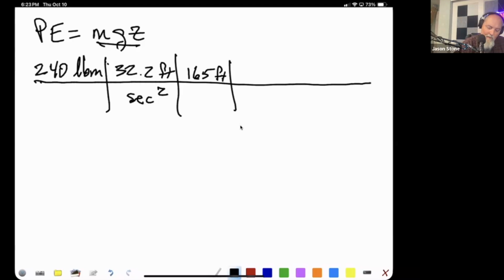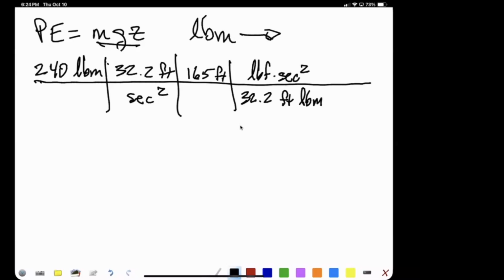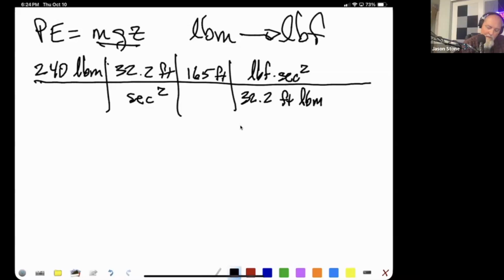So our units are 32.2 foot pounds mass per pound force seconds squared. This is the conversion factor you use when converting pounds mass to pounds force.